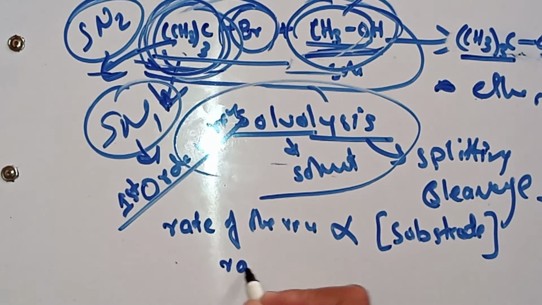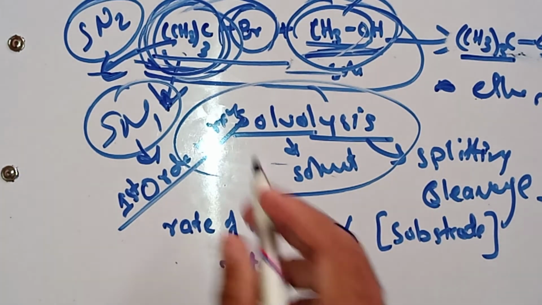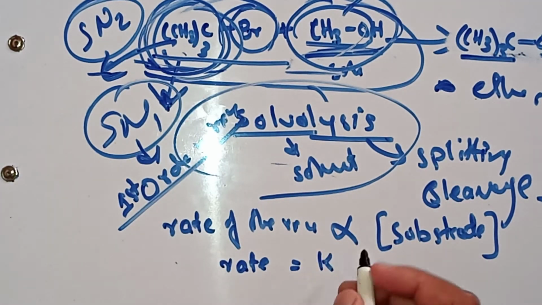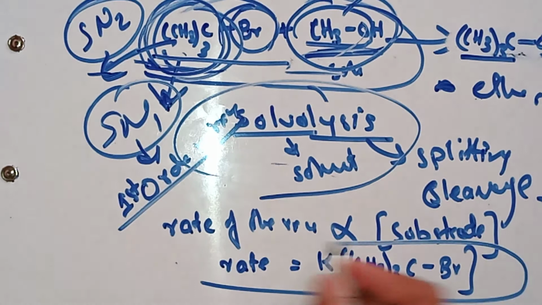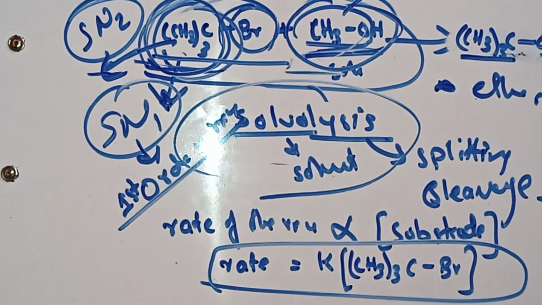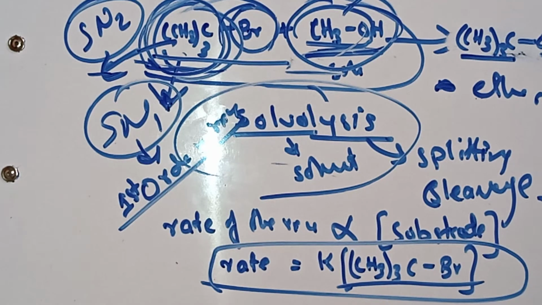So you can write that the rate is equal to k times the concentration of (CH3)3CBr for tertiary butyl bromide in methanol. This will be the rate of the reaction, because the overall reaction is first order. That's why the rate depends only on one reactant, that is the substrate. I hope this point is clear. If you have any confusion, you can rewind the video.